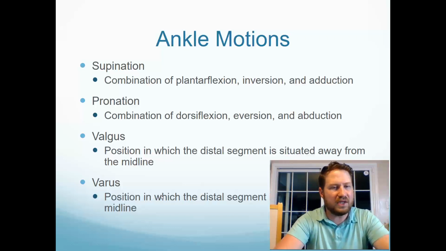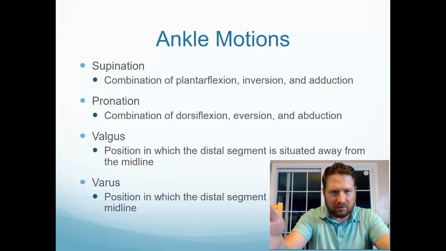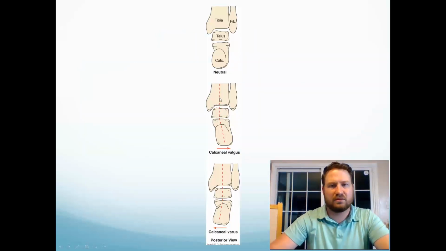So just like our knee, when we have a valgus moment at the knee or a valgus alignment at the knee, the tibia is pointed away from the midline. A varus moment or a varus position of the knee, the tibia is pointed towards midline. Same thing. So remember, where's the fibula? Fibula's here. This is our lateral side, medial side.